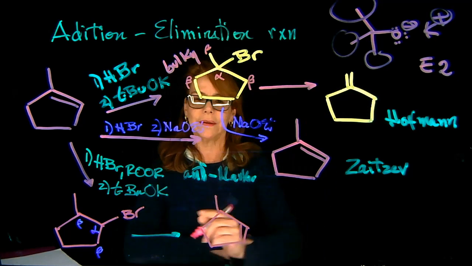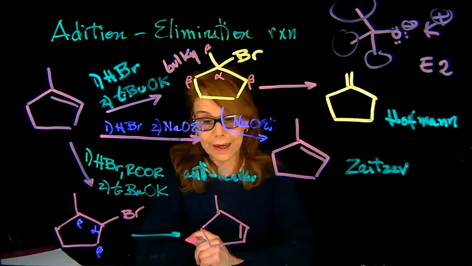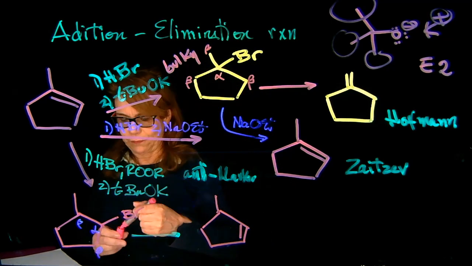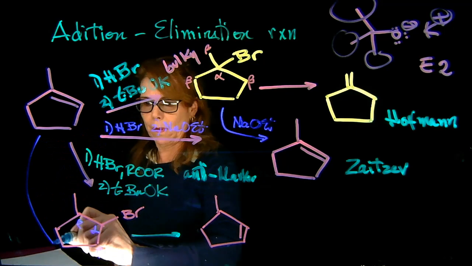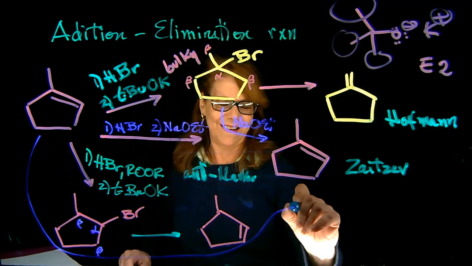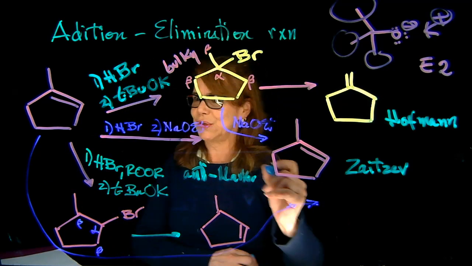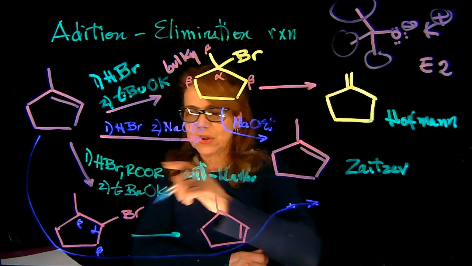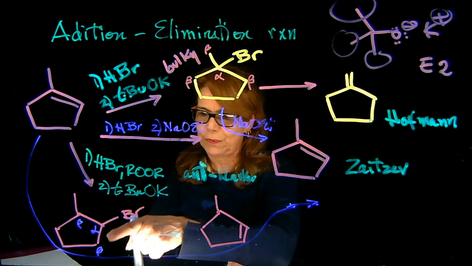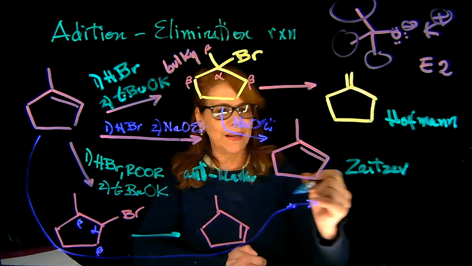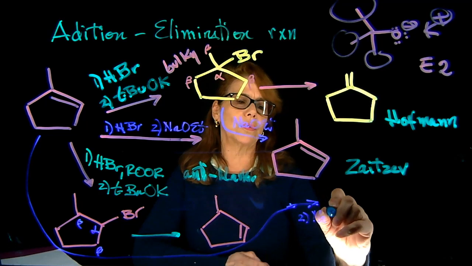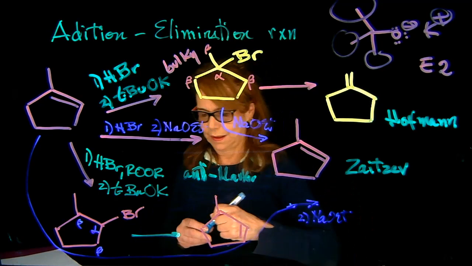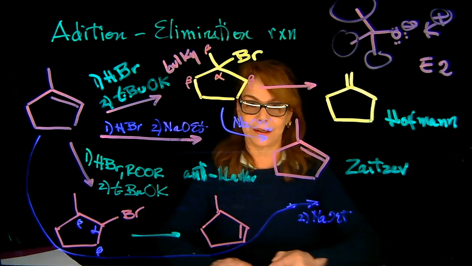Notice, 3 different products. And let's see what happens if we start from here. This time, I'm going to use the first condition with peroxide, so I'm going to start from the same alkene, but now I'm changing the second step. I'm going to use sodium ethoxide. And again, that is a different thing.